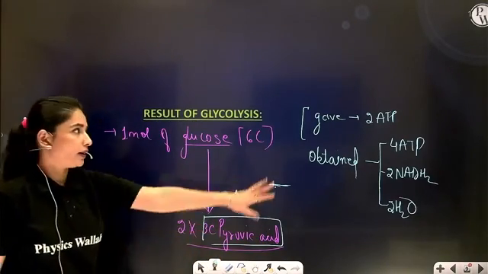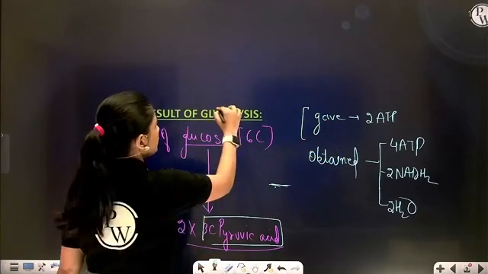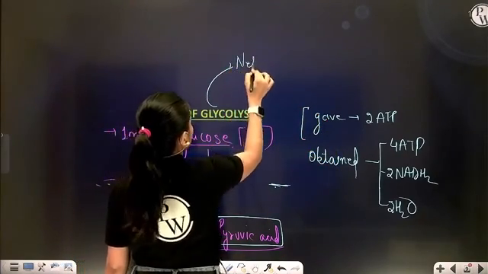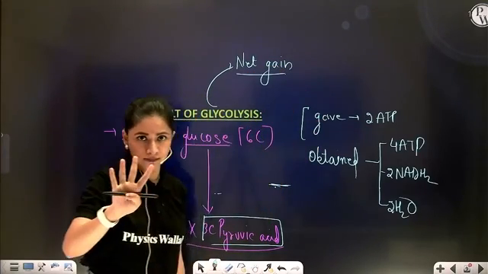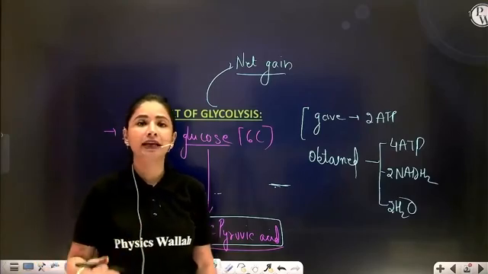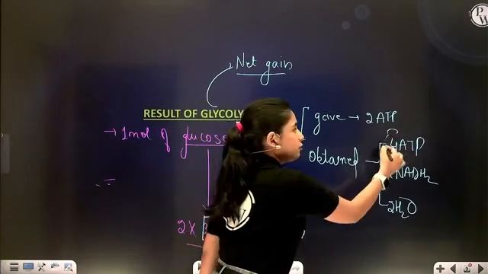Right? Now, if I have to calculate the net gain of ATP in glycolysis: the total produced ATP is 4. If the question asks how many ATPs are produced in glycolysis, then your answer will be 4.